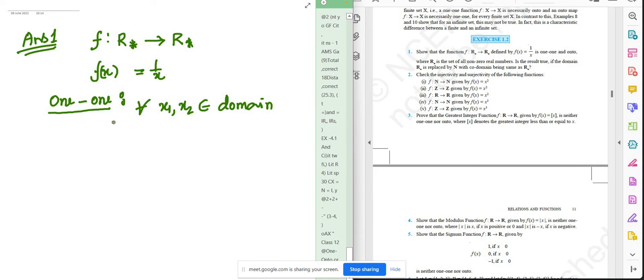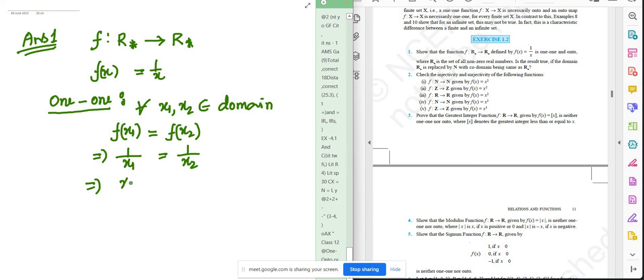So how will we prove? We'll consider f(x1) equals f(x2). f(x1) is 1 by x1, and f(x2) is 1 by x2.